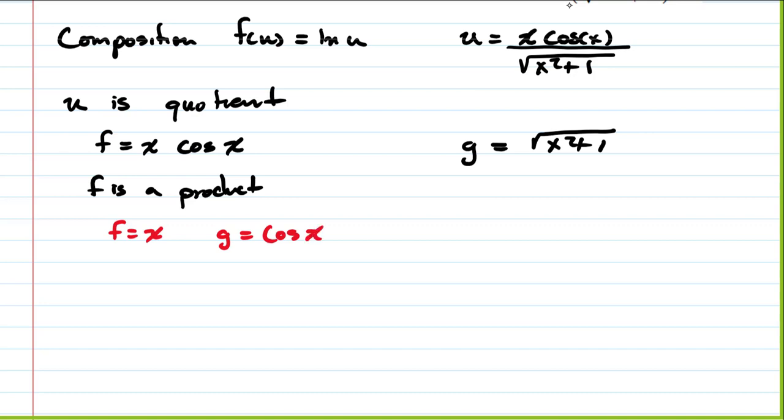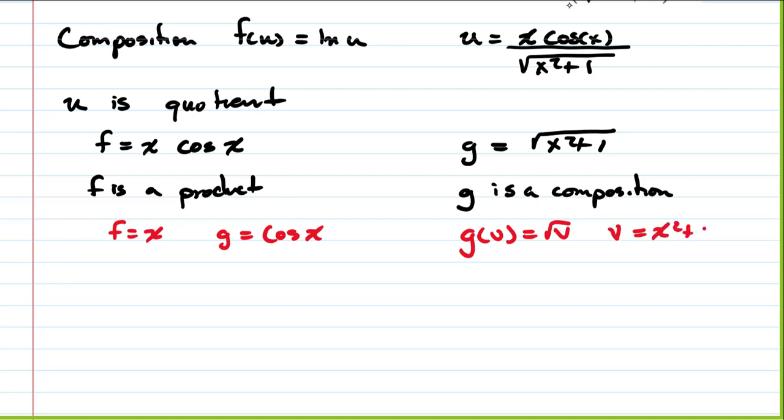And then we would recognize over here that g is a composition. So then we would have g of v is the square root of v, and v would be x squared plus 1.